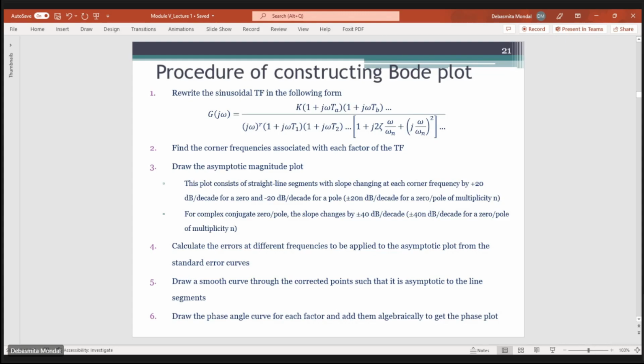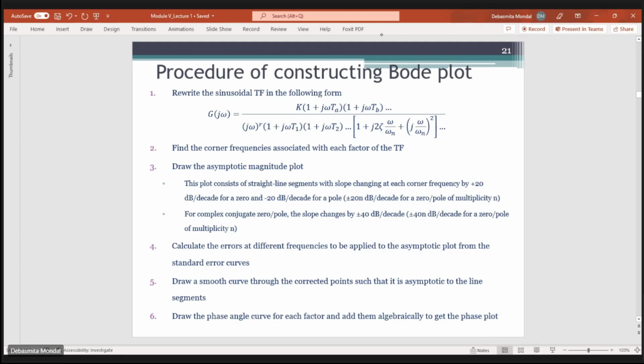Depending on the factor, the slope will change by plus 20 dB per decade if there is a zero at the corner frequency, and by minus 20 dB per decade if there is a pole. If you have complex conjugate poles or zeros, the slope will change by plus or minus 40 dB per decade.